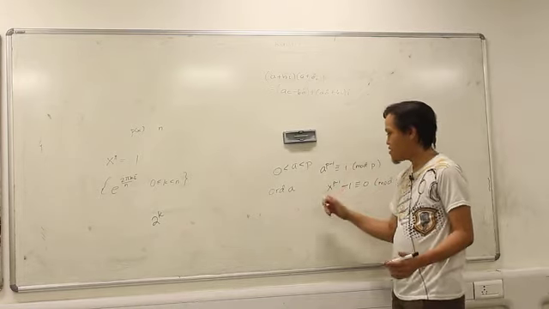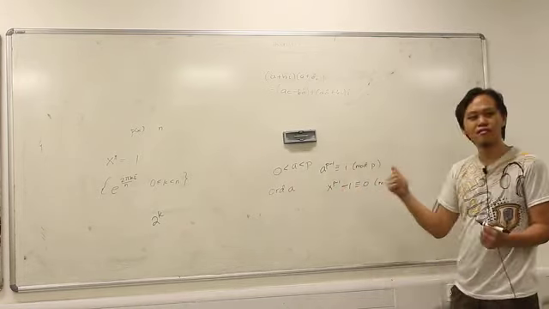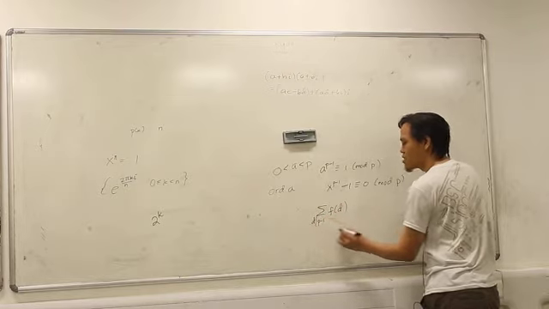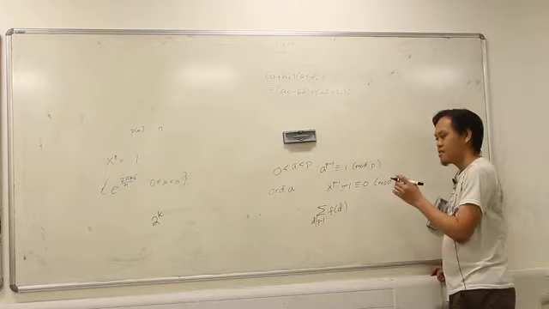So let's say we collect all divisors of p minus 1. What we get is something like this: the sum of f of d over all divisors d of p minus 1 is equal to p minus 1. Okay?